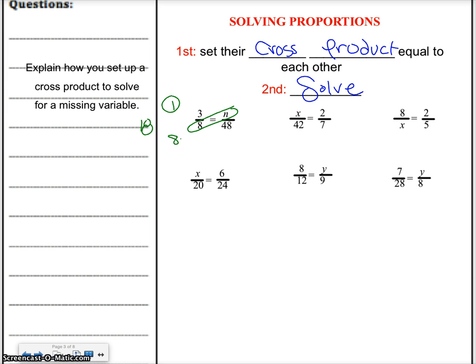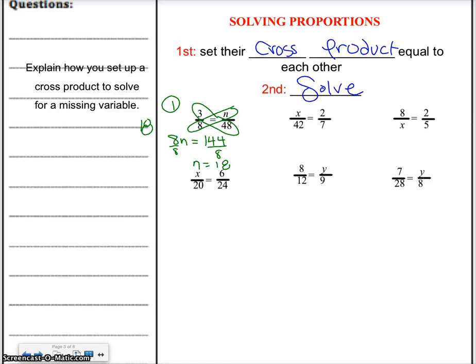So I say 8n equals 3 times 48, whatever that is. 3 times 48 is 144. And then you would divide to get the variable alone. Divide both sides by 8. And n equals 18. Same strategy. Yes, this one looks like way more work than doing it mentally. But you can't always do it mentally. So that's why you use this method. It will never steer you wrong. Ever. As long as you set it up right.